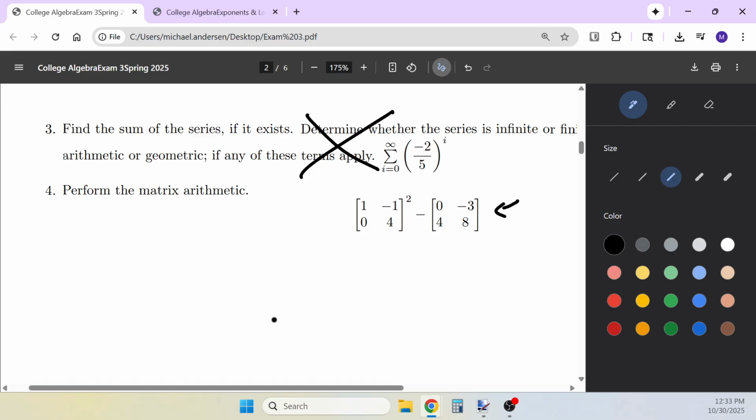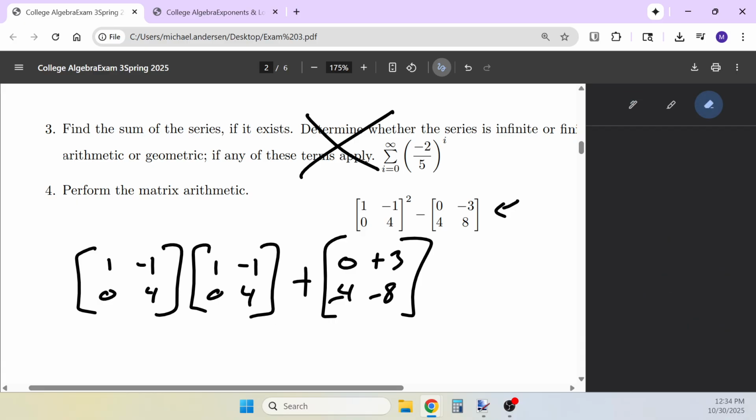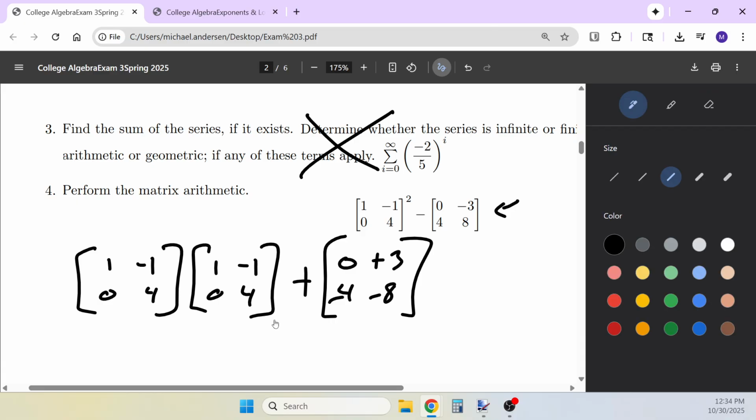For this matrix arithmetic, we're going to clear this matrix. We have itself minus 8. I can distribute this negative sign. Of course, negative 0 is just 0.